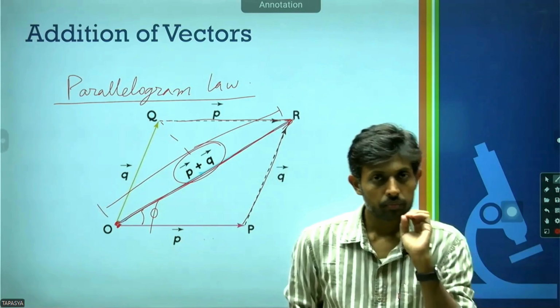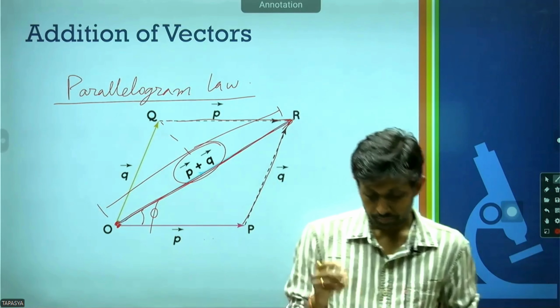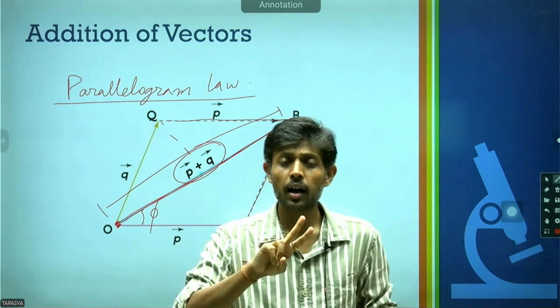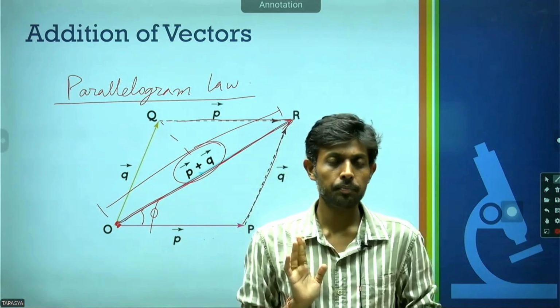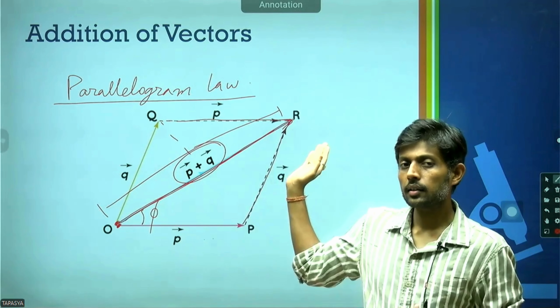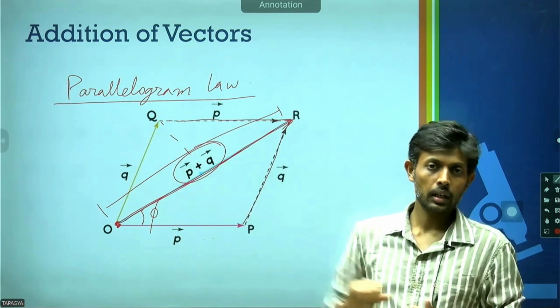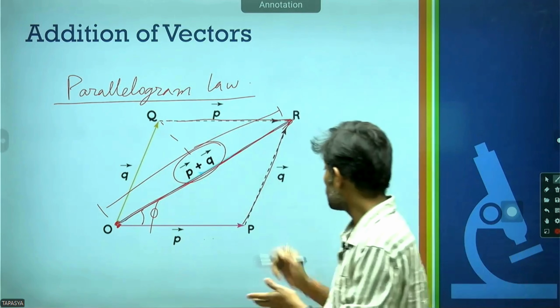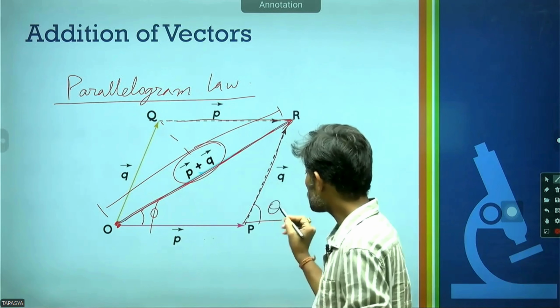For now, just a few things to keep in mind. Vector algebra is different from scalar algebra. We started by showing how vector addition is different from scalar addition. In vector addition, the angle between the two vectors also comes into the picture.